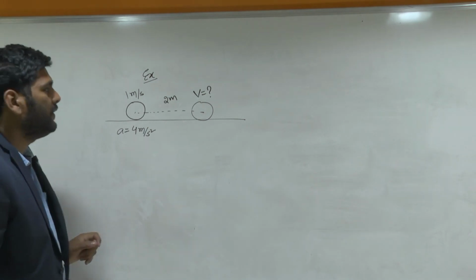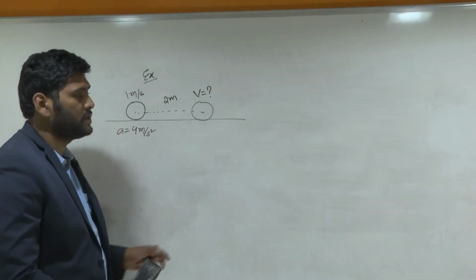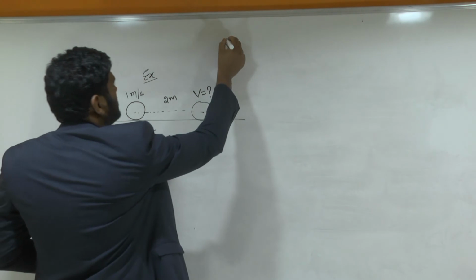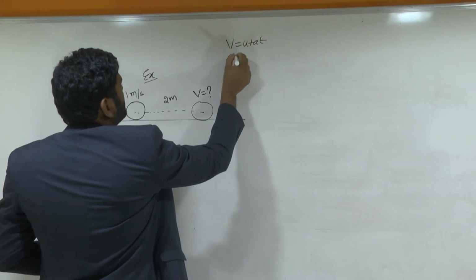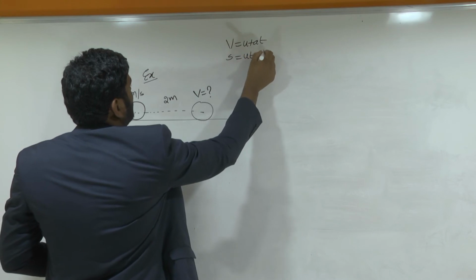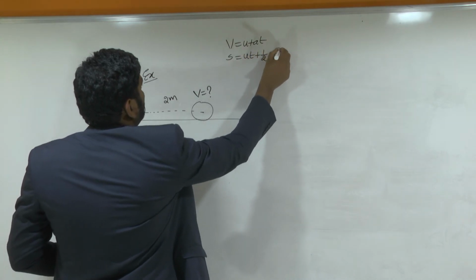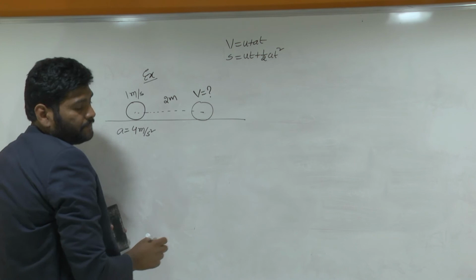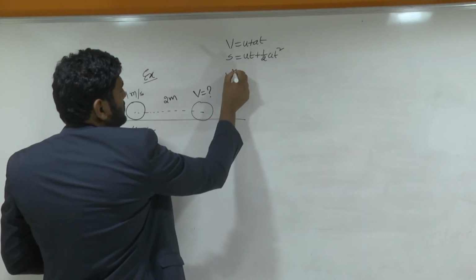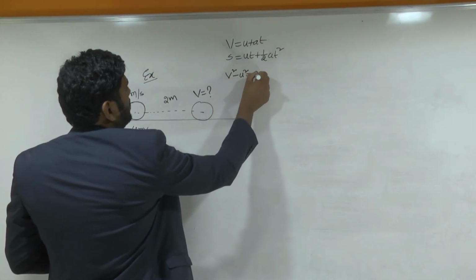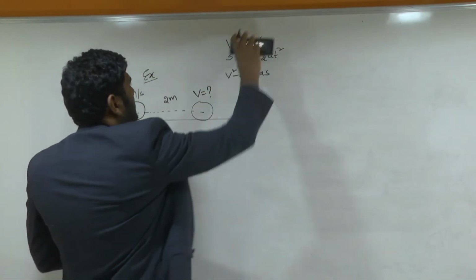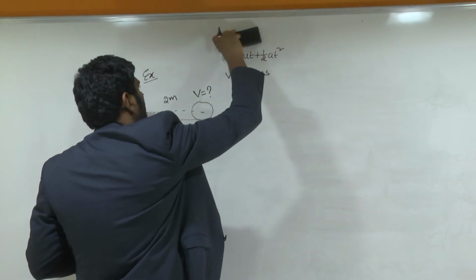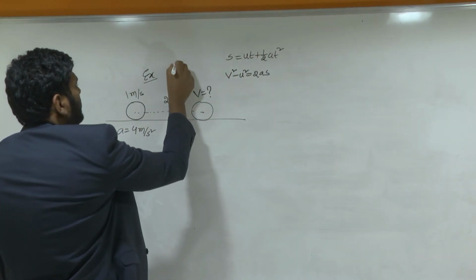So how many equations of motion do we have? Just now we derived them. One is v is equal to u plus at. Second one is s is equal to ut plus half at square. Third one is v square minus u square equal to 2as.